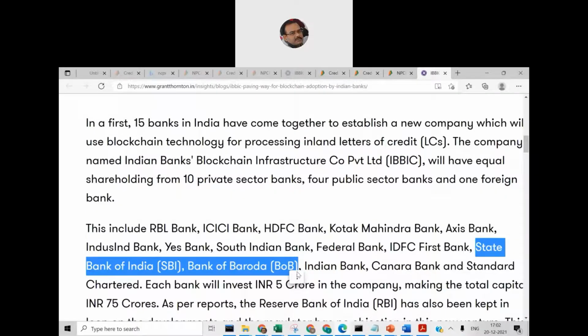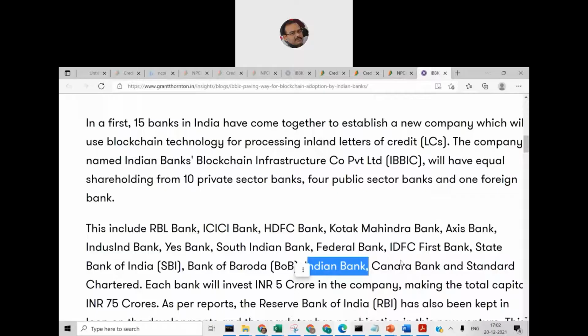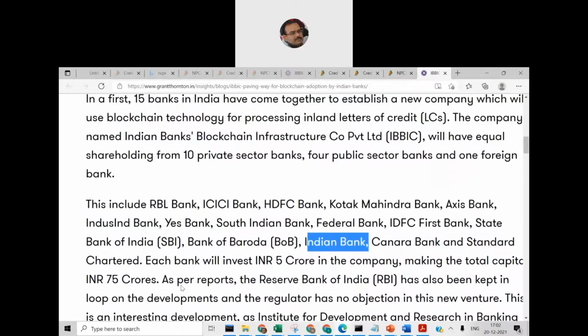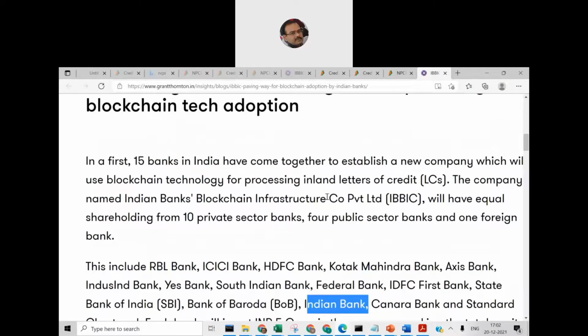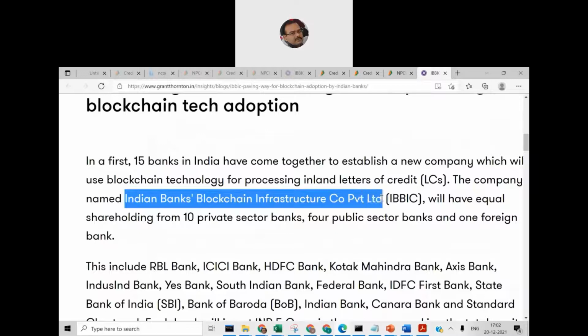If you add the Punjab National Bank also, or Allahabad Bank, even Indian Bank for that matter. Then we have Canara Bank, Standard Chartered, and each bank will invest up to rupees 5 crores in the company. That's going to be the coming together of various banks who will set up this IBBIC, Indian Banks Blockchain Infrastructure Company Private Limited.